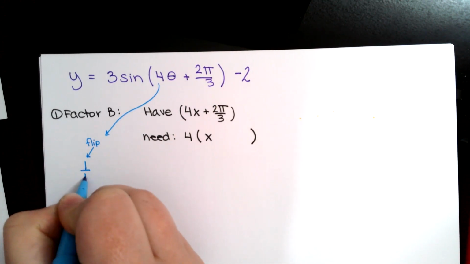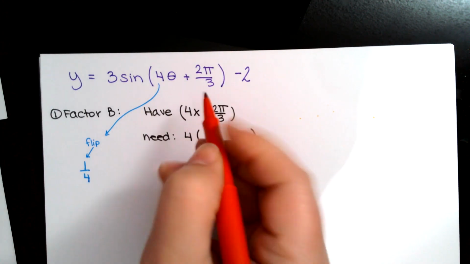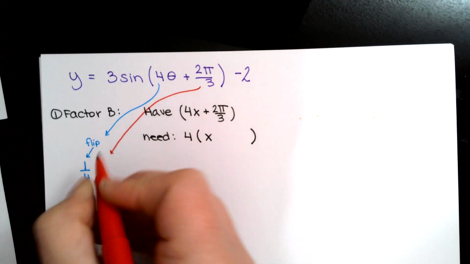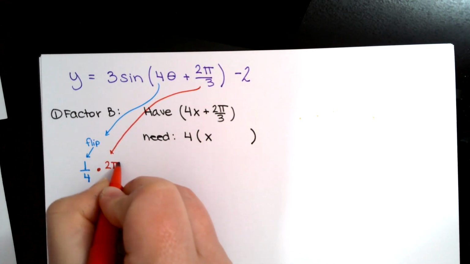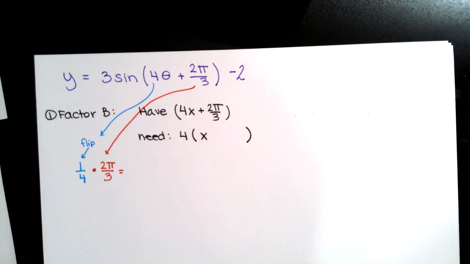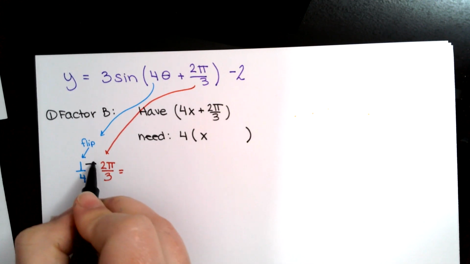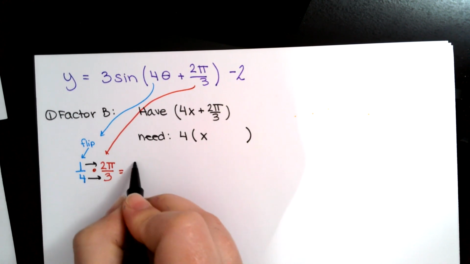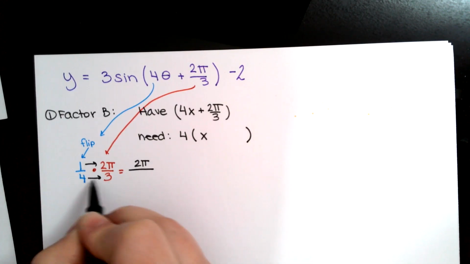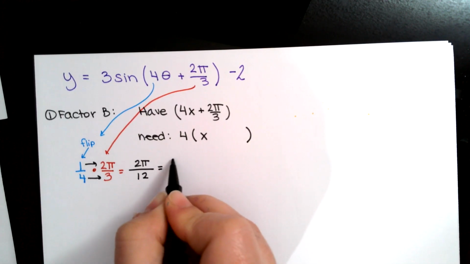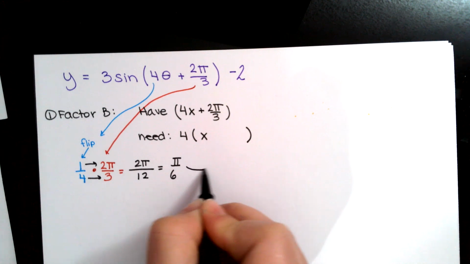So you're going to have 1/4. You're going to then pick up your given number, and you're going to multiply straight across. So 2 times 1 is 2. 4 times 3 is 12. Simplify that. So we get pi 6. That's going to go here.